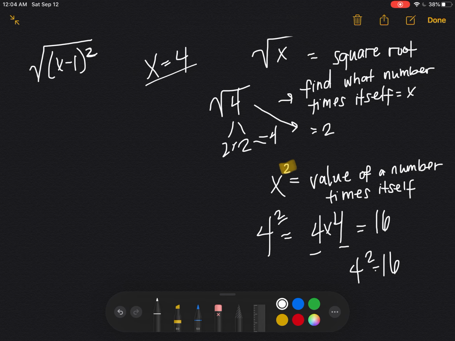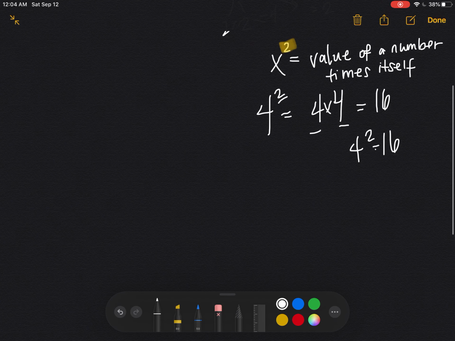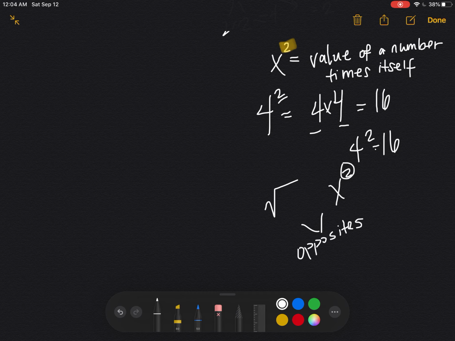So with that, I can tell you those are the differences between the square root and the square of a number right there. So it's really important to note that the square root and the square of a number, these two things are opposites.